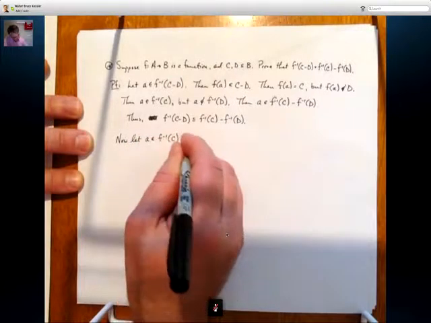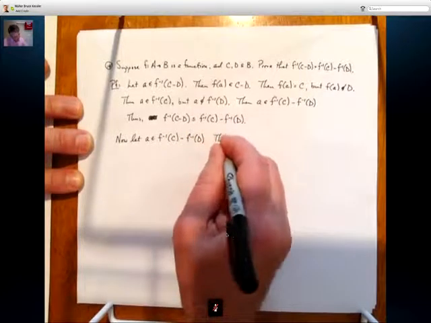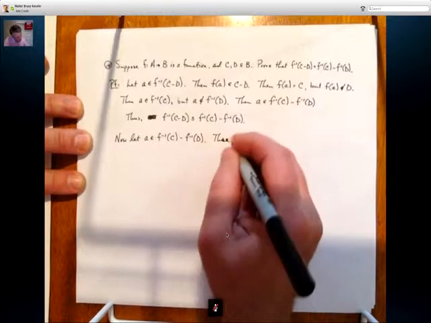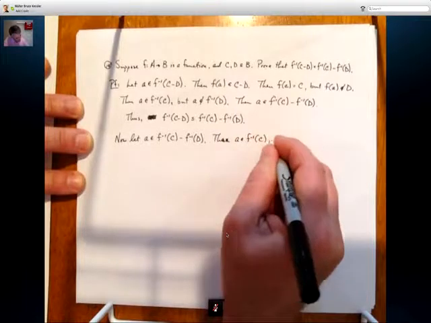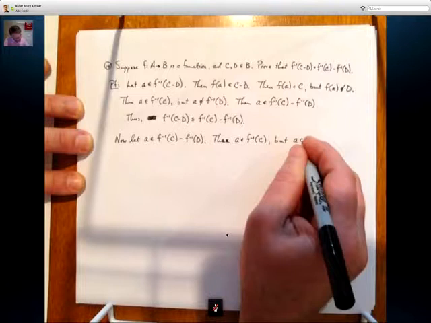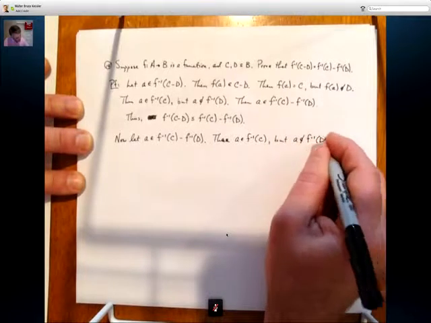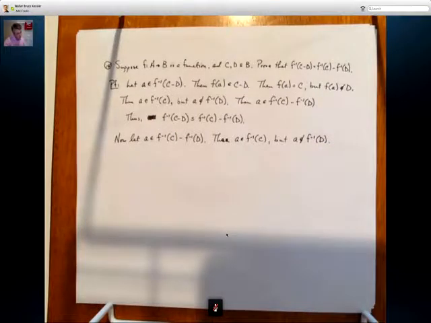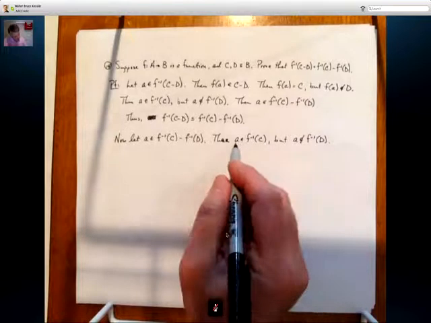Now, let A be an element of f inverse of C minus f inverse of D. Then, A is an element of f inverse of C, but A is not an element of f inverse of D. So this means there's something in C that A gets mapped to.